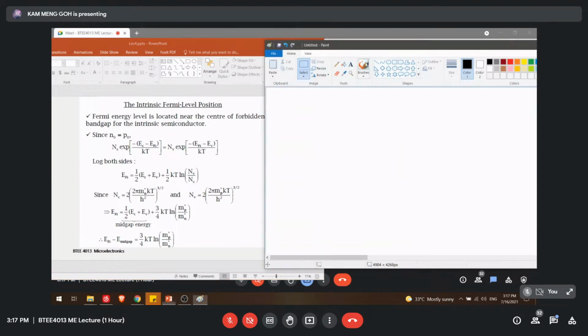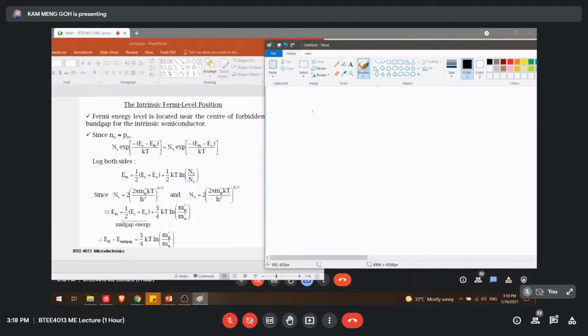What it means is that EC, EV, EF is somewhere around the middle, but it is not exactly in the middle. So how are we going to determine the intrinsic Fermi energy level? Okay, we can do some simple mathematics to find the location of that.